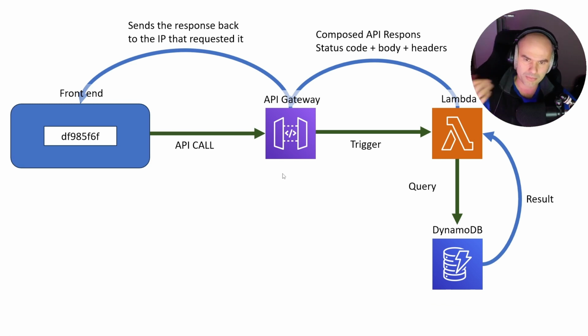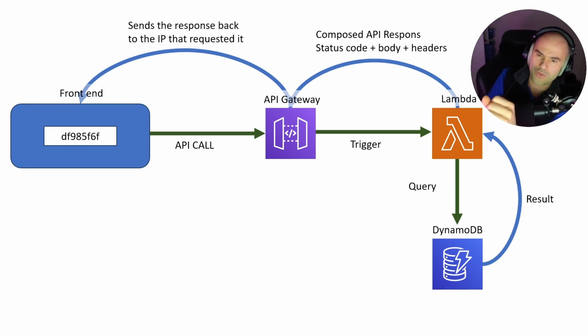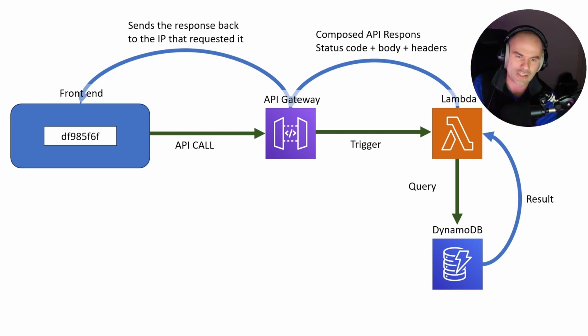Now, this is the structure we have. I don't have the front end hosted on Amazon yet. That's the easy final part. But you have a front end that's already made for us. It works. It makes an API call. It's going to have to go via a gateway. It didn't mention the gateway, but that was what I found out soon after.